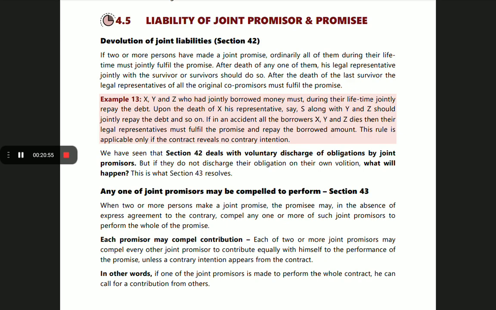Each promisor may compel contribution. Each of two or more joint promisors may compel every other joint promisor to contribute equally with himself to the performance of the promise, unless a contrary intention appears from the contract.